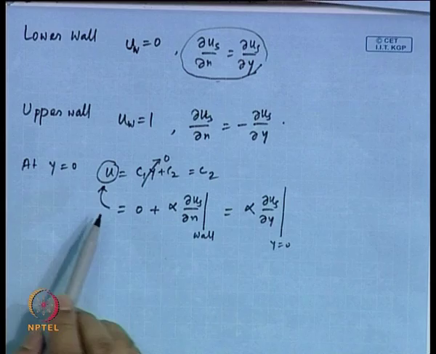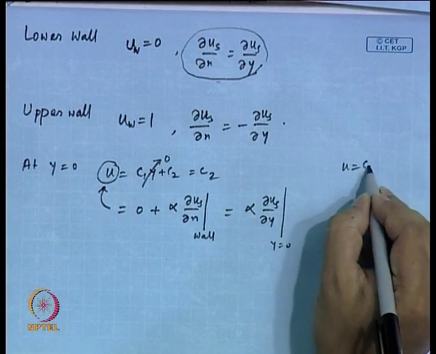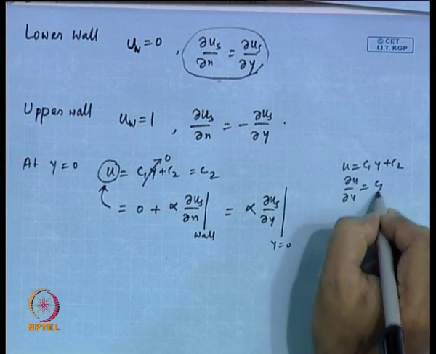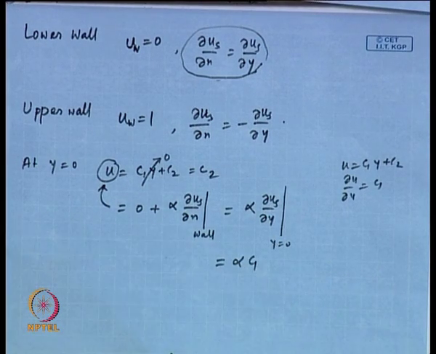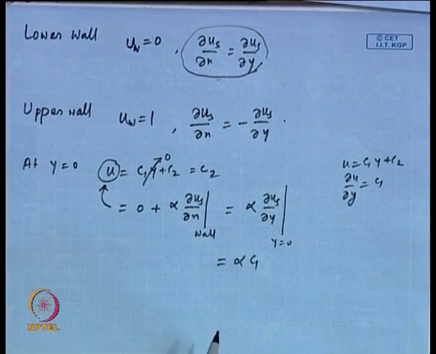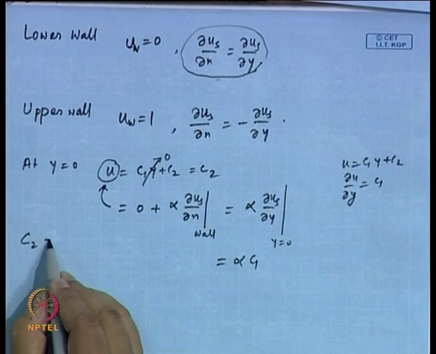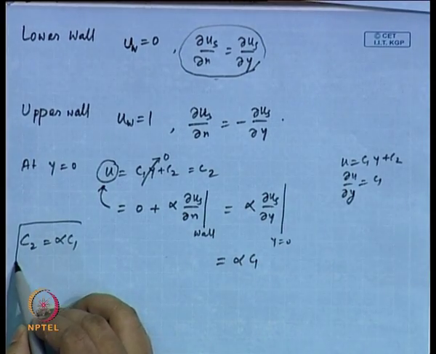And what is this ∂u_s/∂y? If we know that u is equal to C1 y plus C2, and you take ∂u/∂y, that is equal to C1. So, we have alpha into C1, so C2 is equal to alpha C1. That is one expression we have at our disposal.